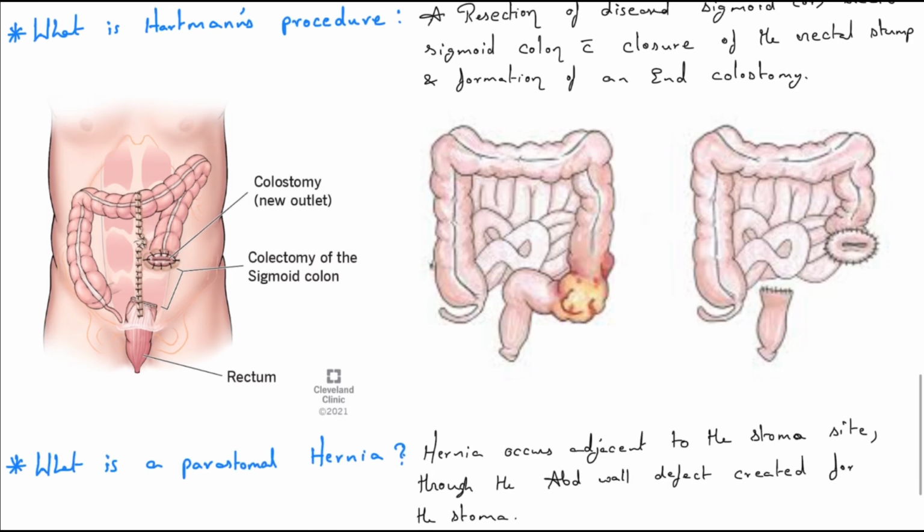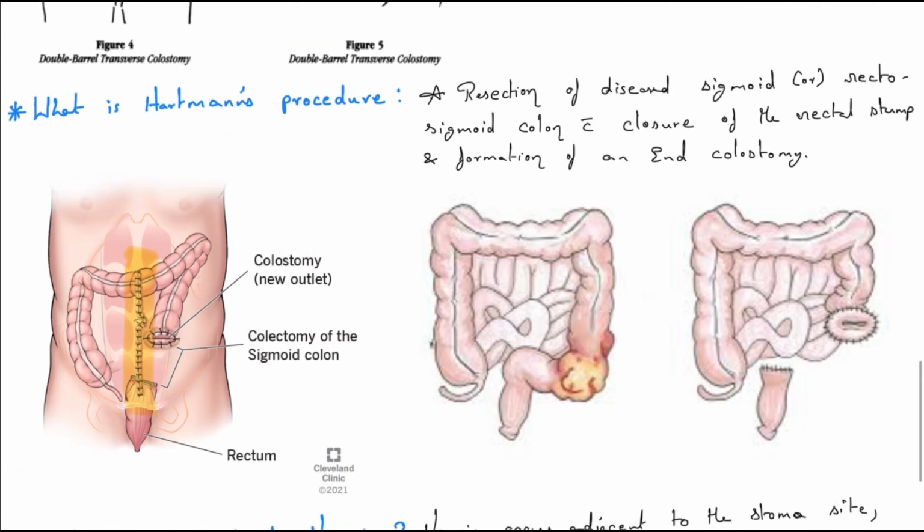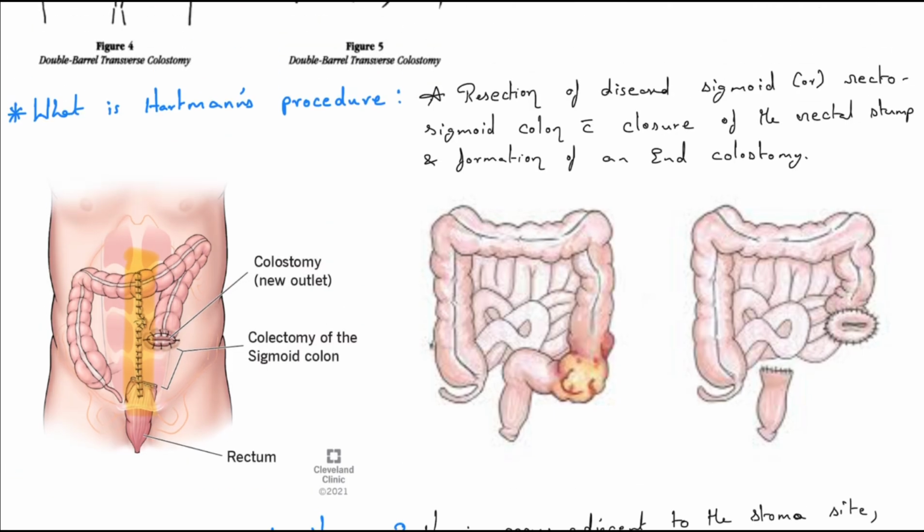Okay, so what is Hartmann's procedure? Because mostly after Hartmann's procedure only, the patient will get a colostomy. In Hartmann's procedure we have to do a midline incision. After the midline incision, there is resection of the diseased sigmoid and or rectosigmoid colon with closure of the rectal stump and formation of an end colostomy.